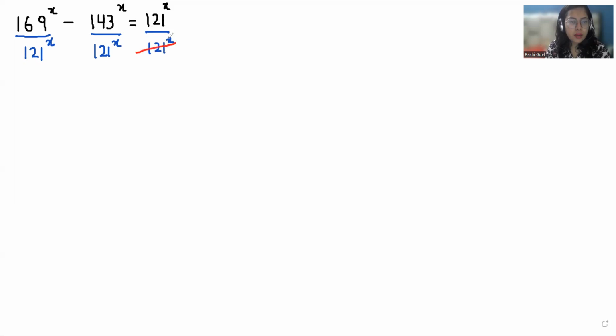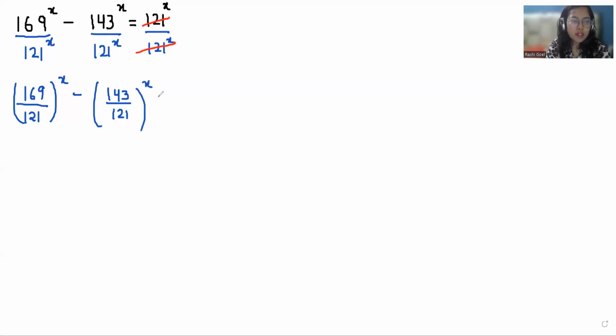With that, we eliminate our right hand side and we can write it as (169/121)^x. Similarly, (143/121)^x is equal to 1.